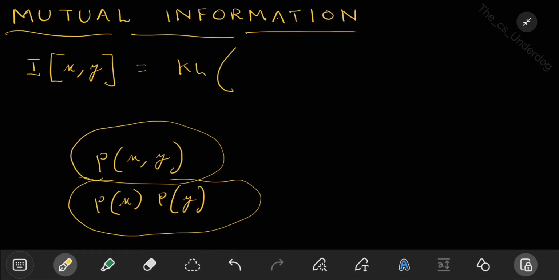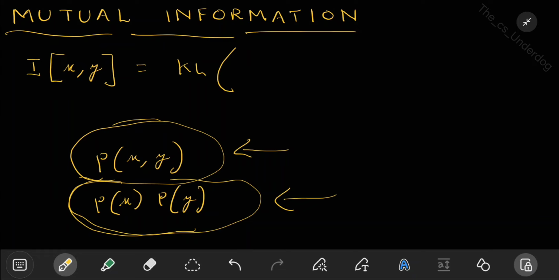So in order to identify mutual information, you see the KL divergence between the first distribution and the second distribution. In case both distributions are identical, that means P of xy equals P of x into P of y, the KL divergence will be 0 and x and y will be independent.